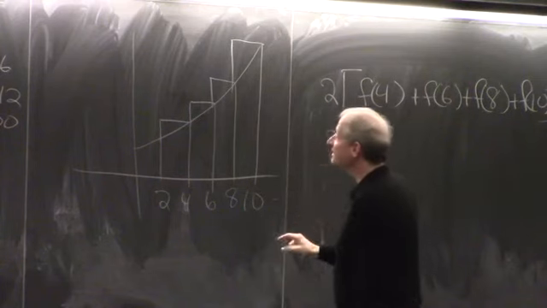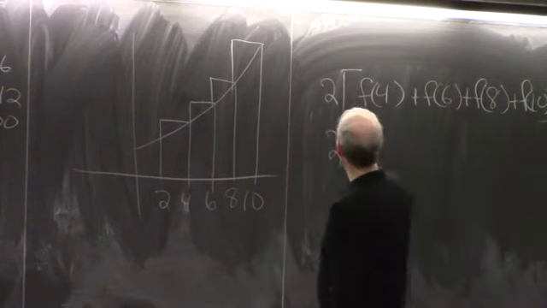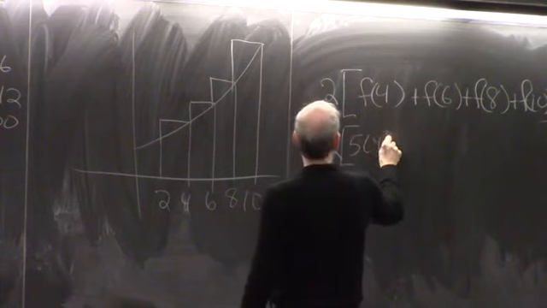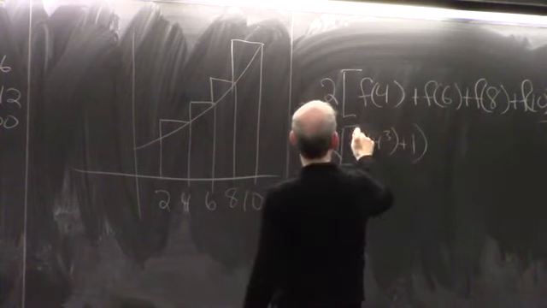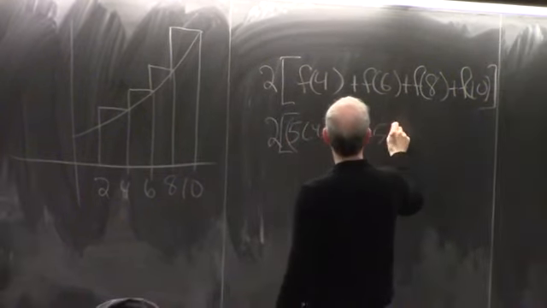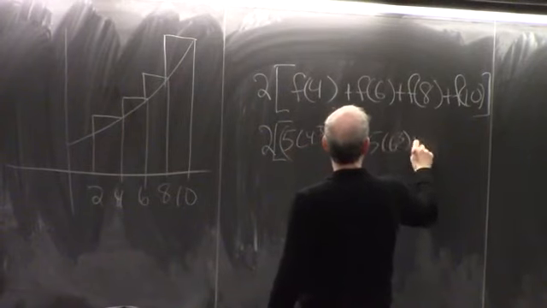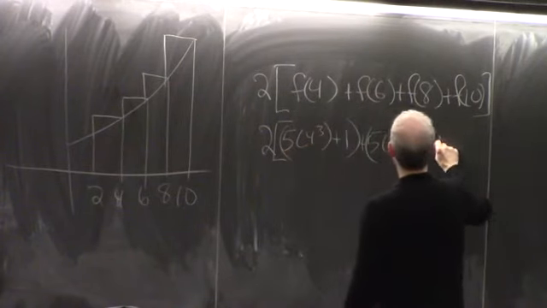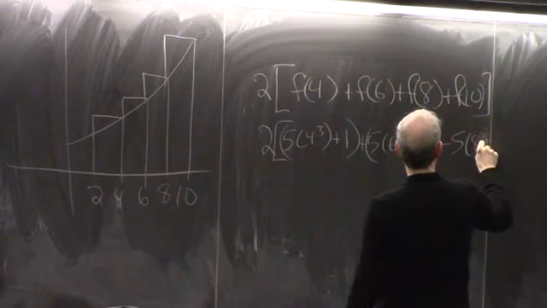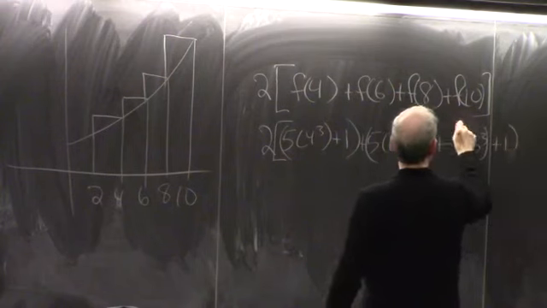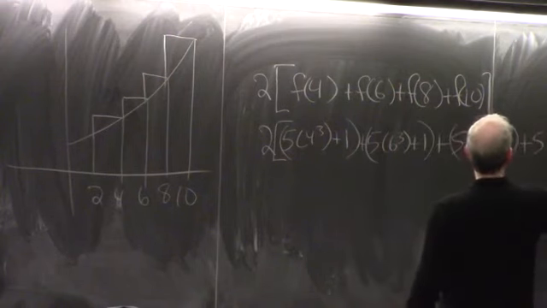Okay. What is f of 4? It's 5 times 4 cubed plus 1. Then 5 times 6 cubed plus 1. 5 times 8 cubed plus 1. And 5 times 10 cubed plus 1.